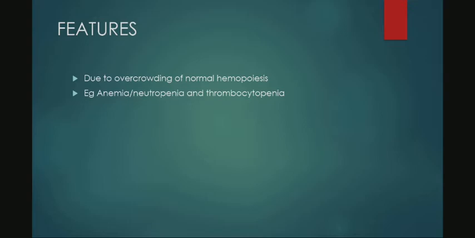This would present with anemia, neutropenia, and thrombocytopenia. Those are the cytopenias that I talked about when I was describing myelodysplastic syndrome. So this is someone who presents with the signs and symptoms that you expect to see in someone with anemia.